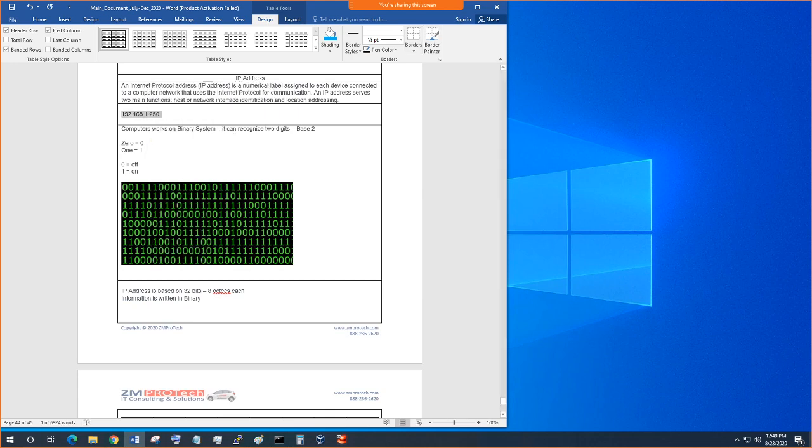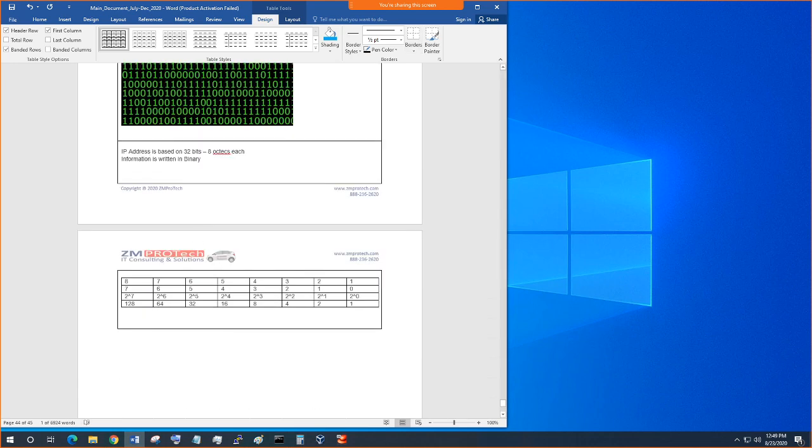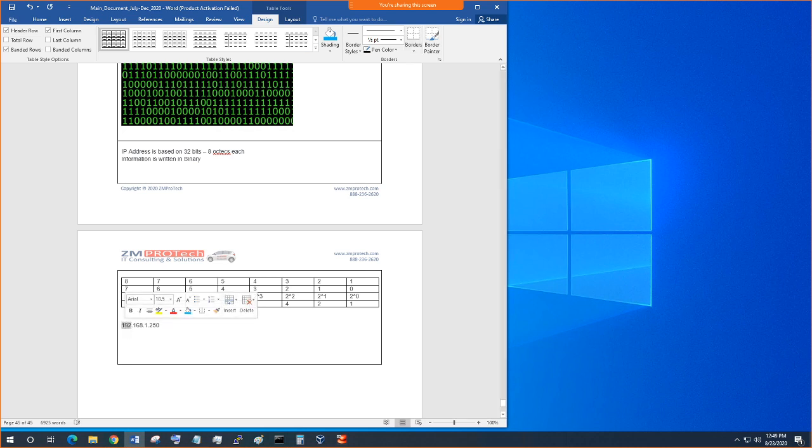Now let's take our IP address here and decode what it actually means. So what we're going to do is take 192, and we're going to decode this part first. We're going to use the formula we have up here.